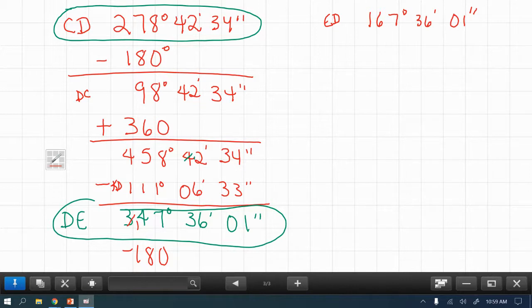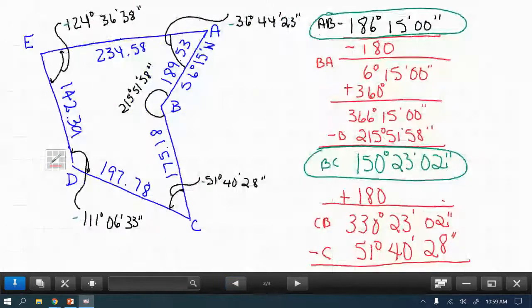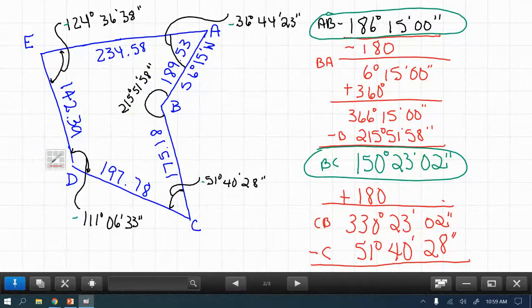So I'm going to flip back over. And so we just got the back azimuth from D to E, and now our next angle is 124 degrees, 36 minutes, 38 seconds.